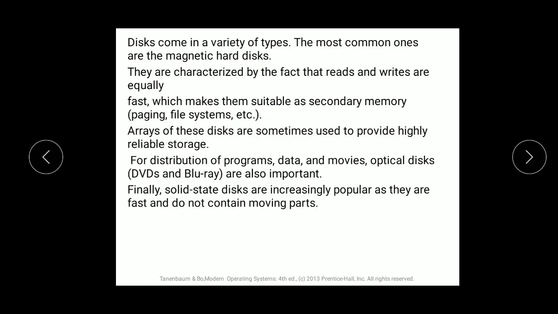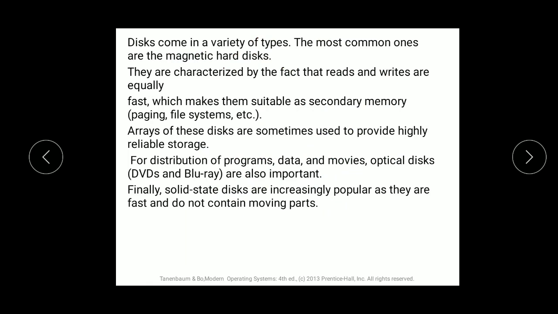The next topic of this chapter is disk. Disks come in a variety of types, and there are a number of choices. The most common ones are magnetic hard disks. Magnetic hard disks are very popular, and they are characterized by the fact that reads and writes are equally fast, which makes them suitable for secondary memory.